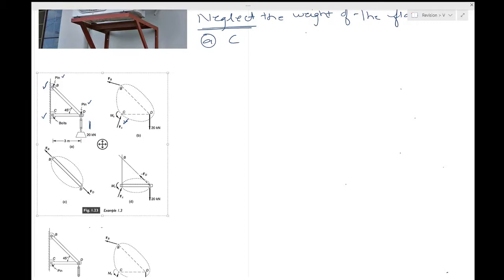We are not excluding this moment because we are sure that this is not a pin. The constraint which a bolted joint will have will be much more than a pin, so you cannot ignore this moment. Okay, so let's go back to 1.23b, and in this one you have two unknown force vectors.